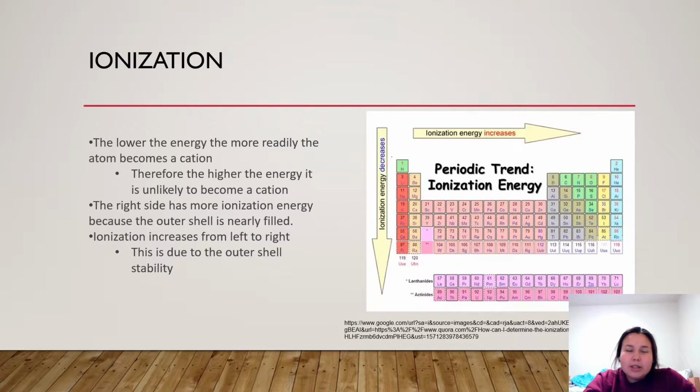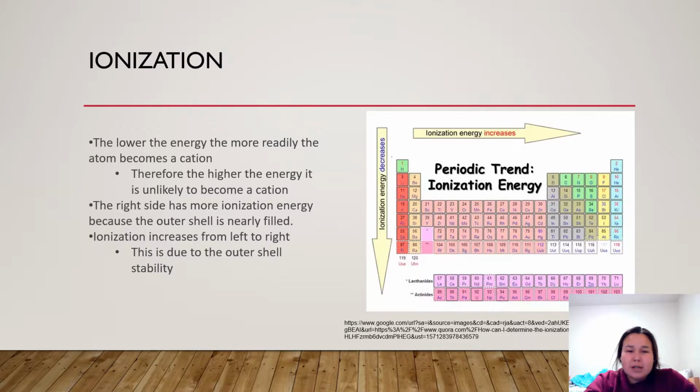The next one is ionization. The lower the energy, the more readily the atom becomes a cation. And this is the opposite of electronegativity. Therefore, the higher the energy, it is unlikely to become a cation.